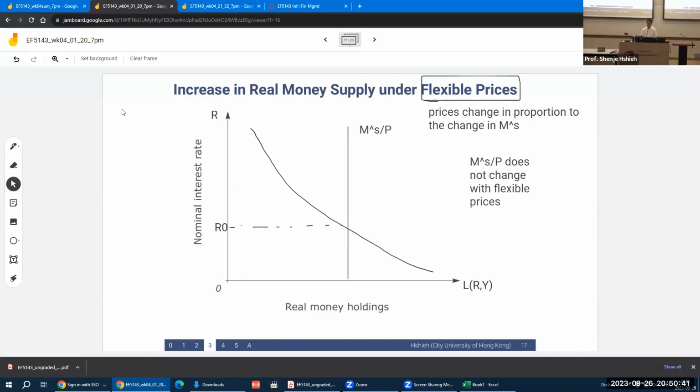All right, so comments, questions on the difference between short-term and long-term analysis of the money market. So again, the distinction between short-term and long-term is whether or not we restrict prices to be constant or we allow them to follow the change in money supply.